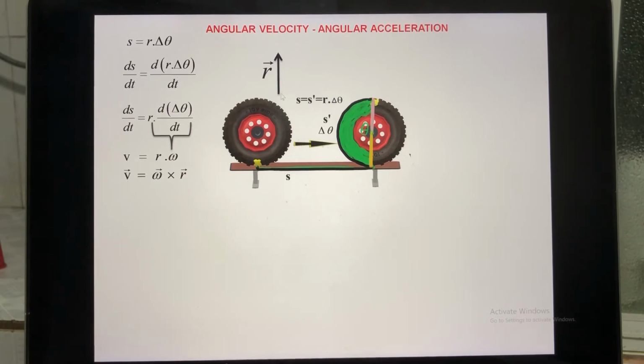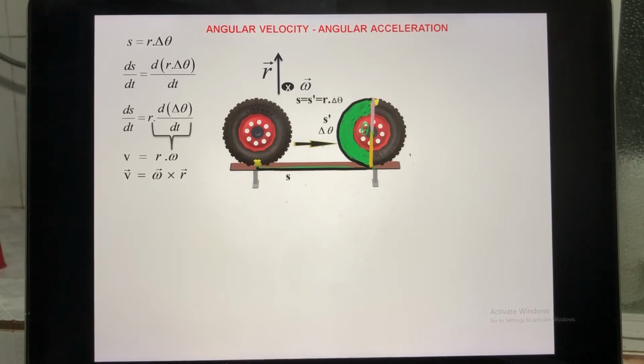Here I present an example for the direction. I suppose that I have a vector r here, pointing up like this, okay? And the direction of angular velocity is from out going inside, going in. So here you see a cross, okay? So how do you define the direction of velocity? As I said before, here you have a cross product. To define the direction of the result, you have many ways. One of them is the right hand.